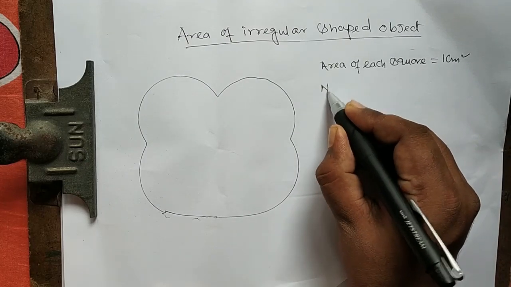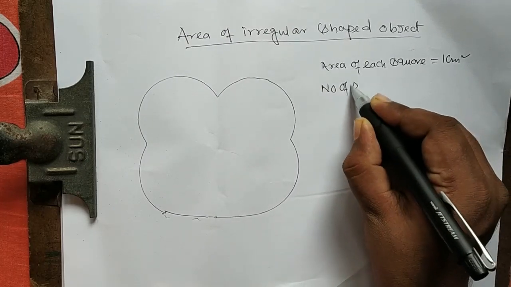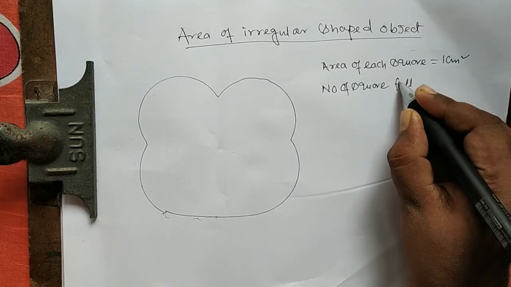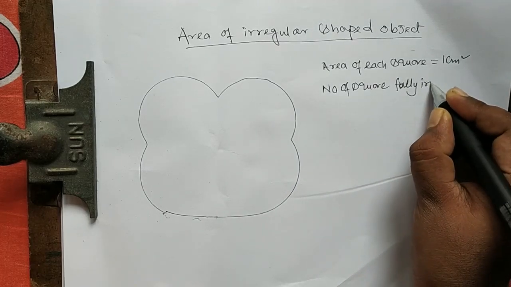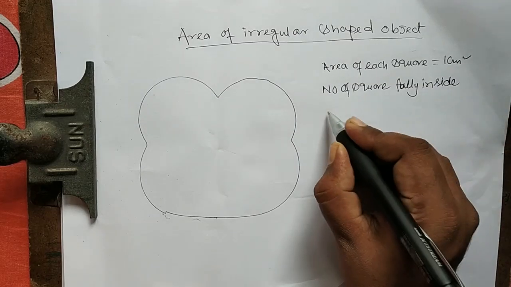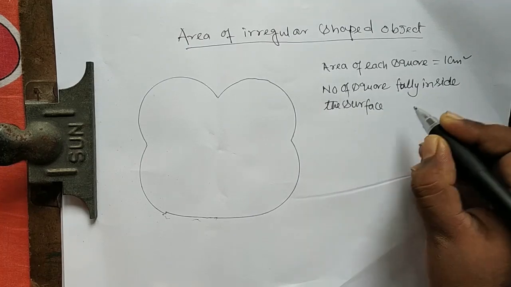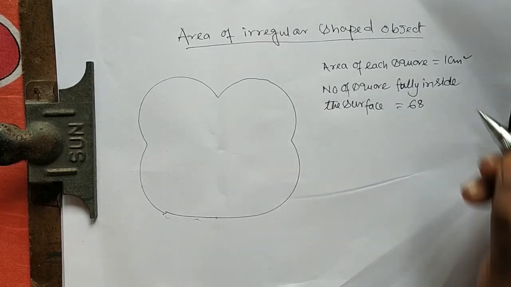So the number of squares fully inside the surface, how many are there? 68.